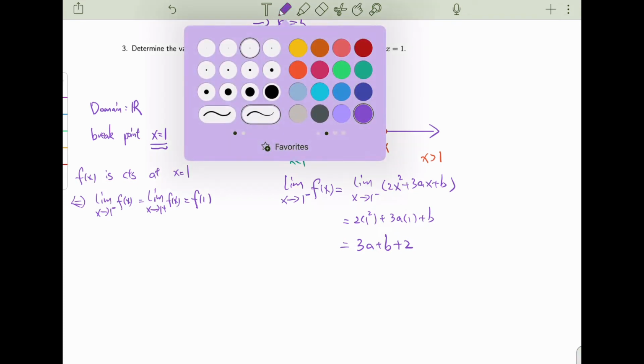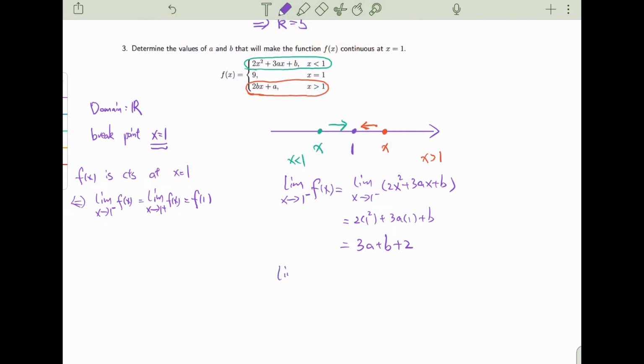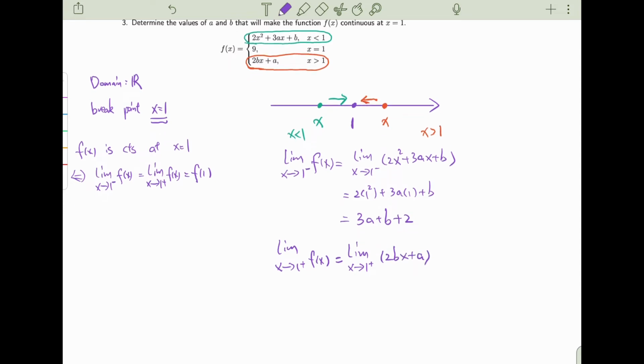And now I find the limit on the right according to this discussion. Limit as x goes to 1 from the right side is gonna be this thing. And now I plug in, right, 2b plus a.